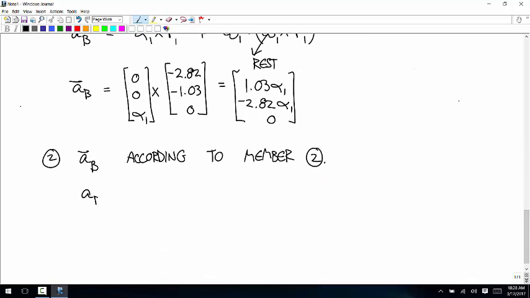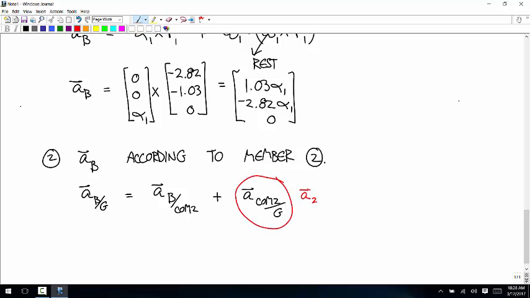the acceleration of B relative to the ground is equal to the acceleration of B relative to the center of mass of 2 plus the acceleration of the center of mass of 2 relative to the ground. This is a variable that we already have defined. This is A2. And this is circular motion about the center of mass of 2.